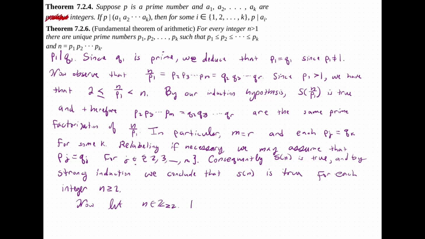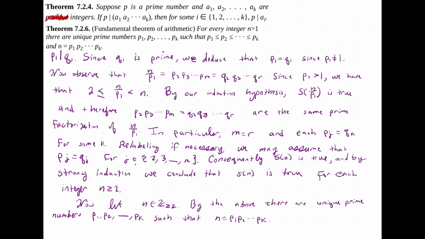By the above, there are unique prime numbers P1, P2, all the way through P sub k, such that n is equal to P1, P2, all the way through P sub k. And now we do another relabeling.